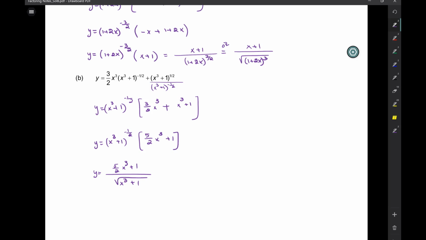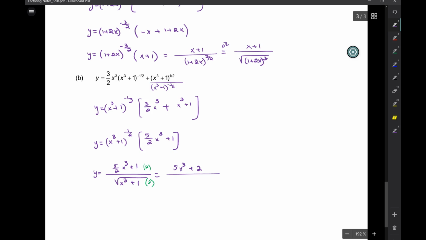Another way to write it is, if you don't like the 5 over 2 over there, multiply both by 2, and then you get 5x cubed plus 2 over 2x cubed plus 1. Again, you don't know what format the answer to the multiple choice will be in. All right? And you just have to recognize them instinctively and say they're the same.